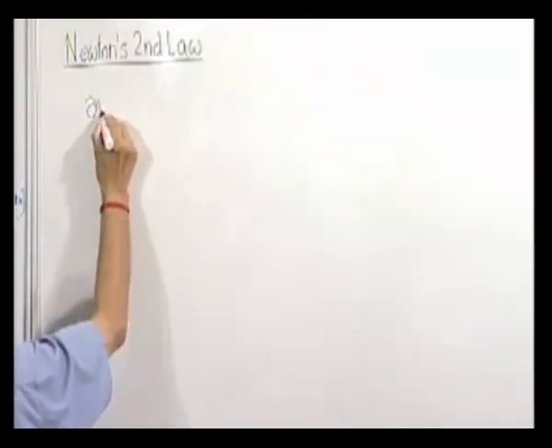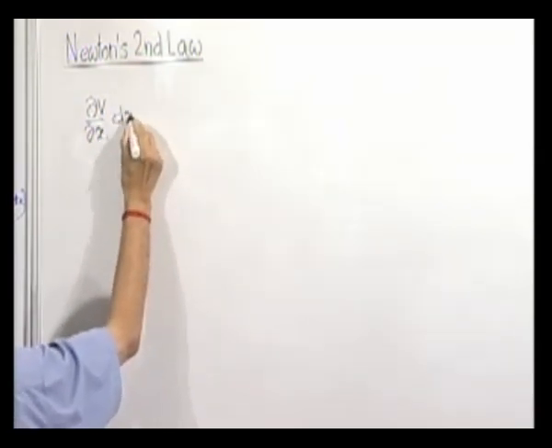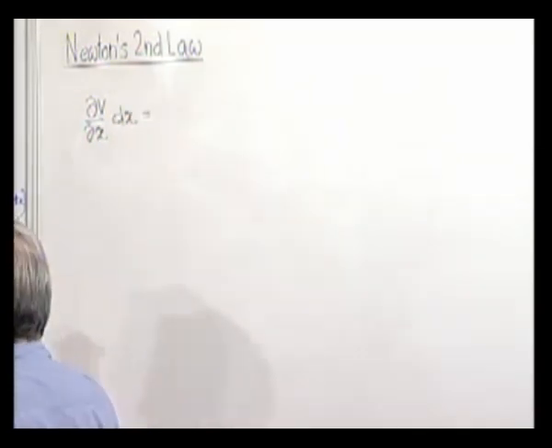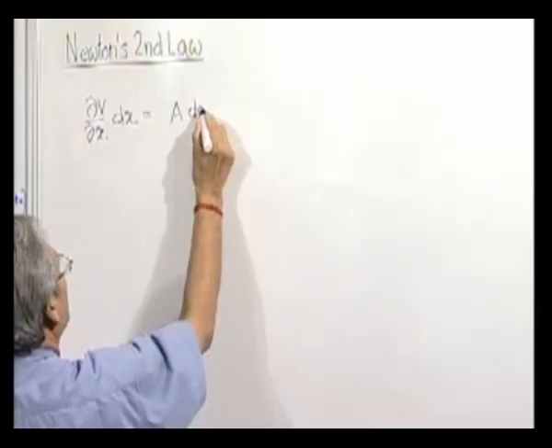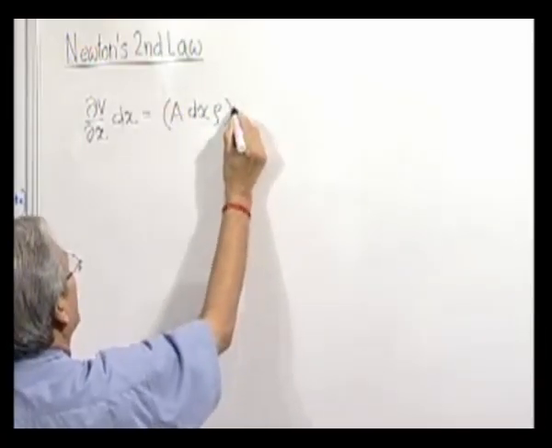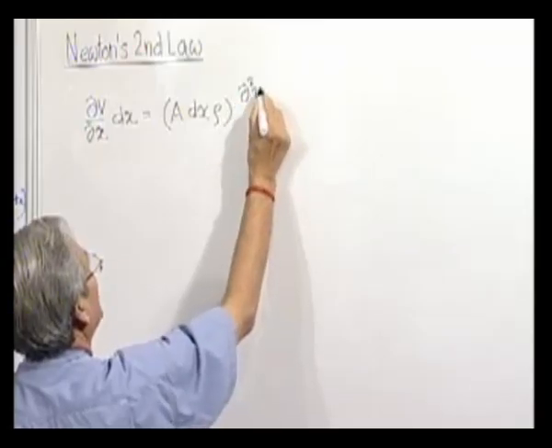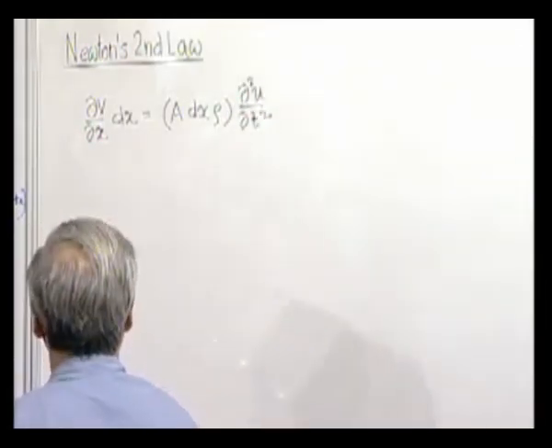That is the force. And this must be equal to the acceleration of the element in the transverse direction multiplied by its mass. The mass will be A into dx, which is the volume, into rho, and ∂²u/∂t² is the acceleration.